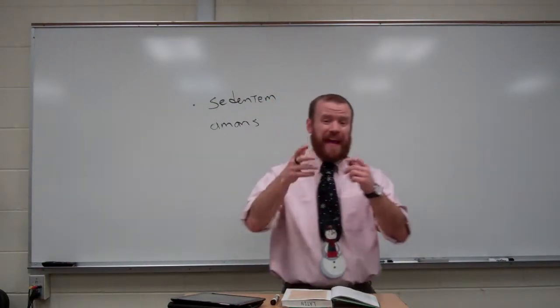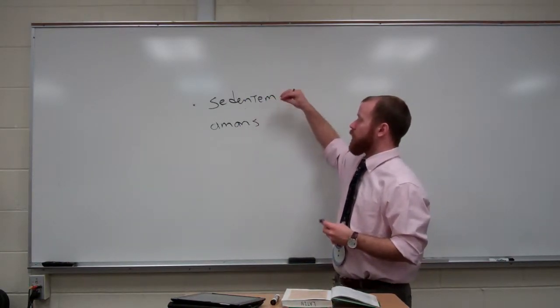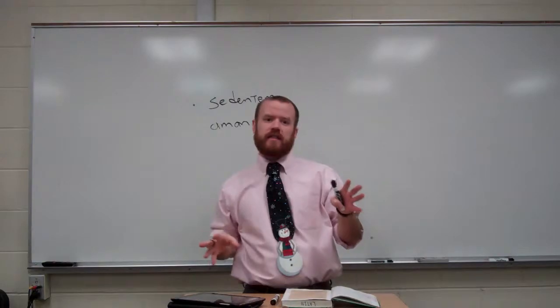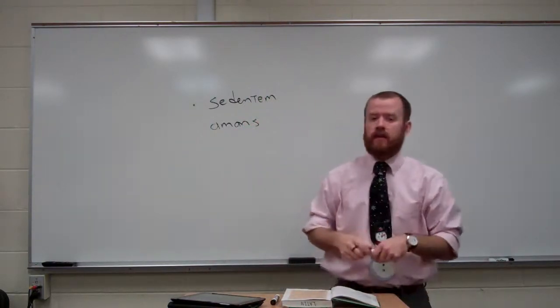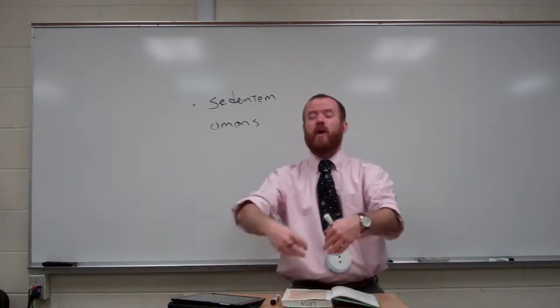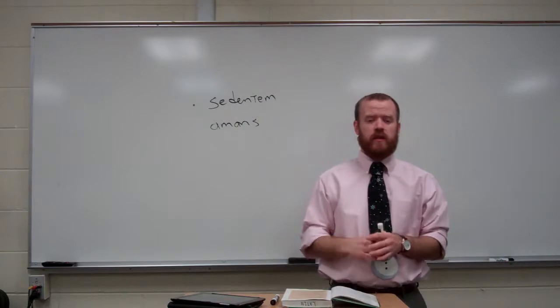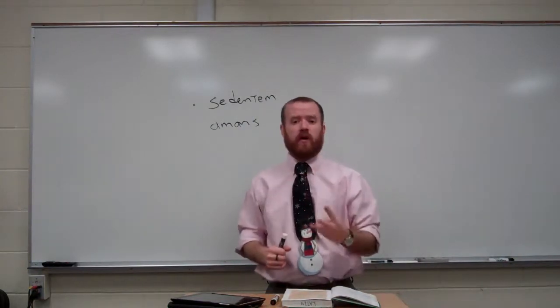Now, the perfect passive participle doesn't have a nice signifier that we get to use to identify it. Alright, and the reason for that is the perfect passive participle also functions as one of the principal parts for verbs. So we've already learned 3 principal parts for verbs.